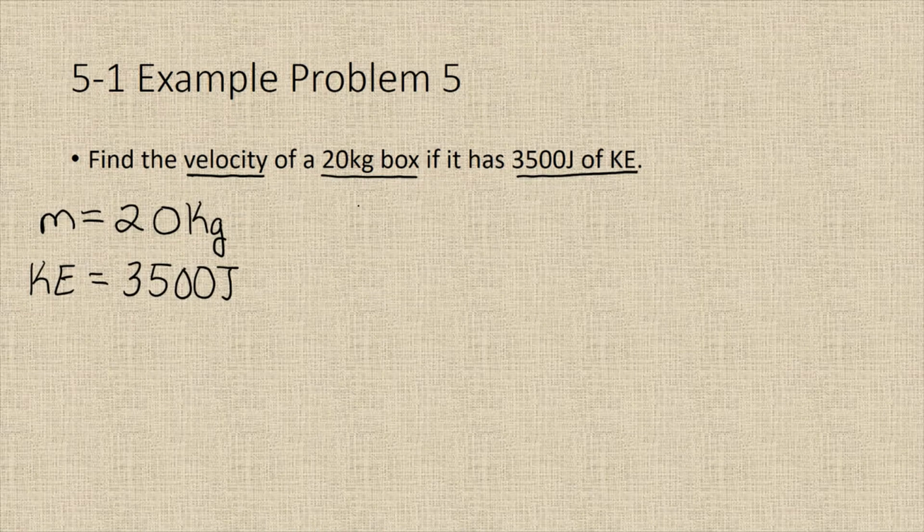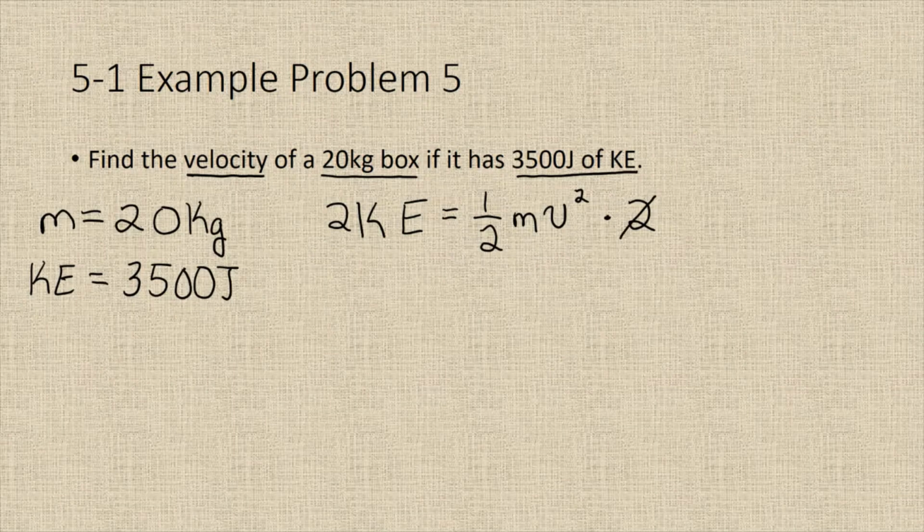Now, the challenge in this problem is actually more in solving out the equation for the velocity. This equation's a little bit more complicated to rearrange. In order to get velocity by itself, start by multiplying both sides by 2. That's going to get rid of the 1/2. Then divide both sides by the mass. That gets rid of the mass on the right-hand side.